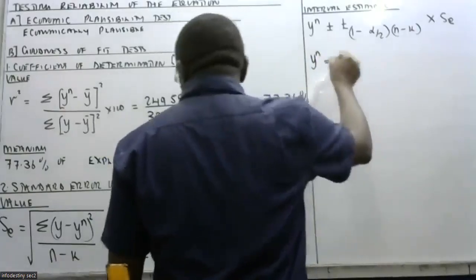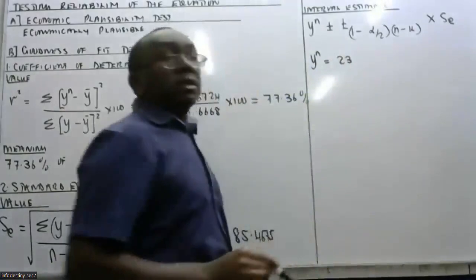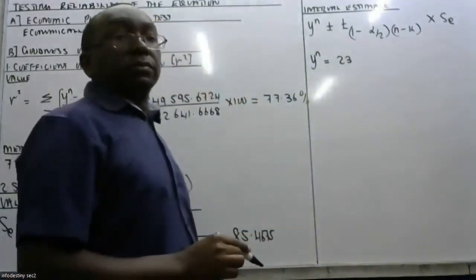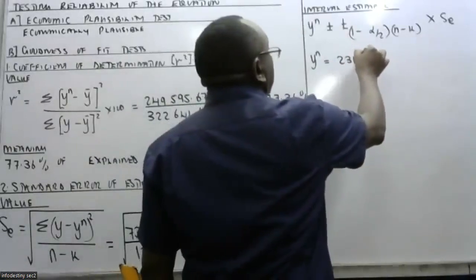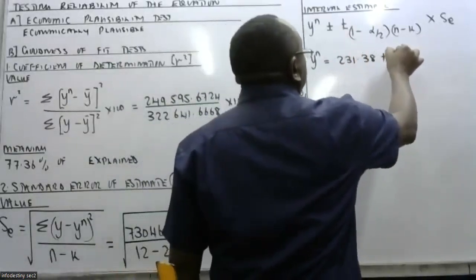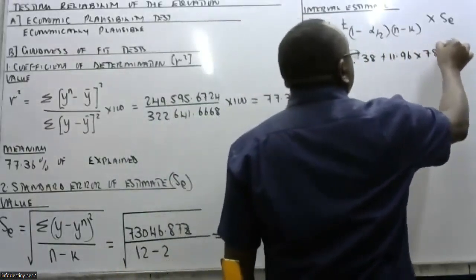will be equal to, we submit the equation. The equation was 2 that what? 2 that 1.38 plus 11.96, you multiply by 78.